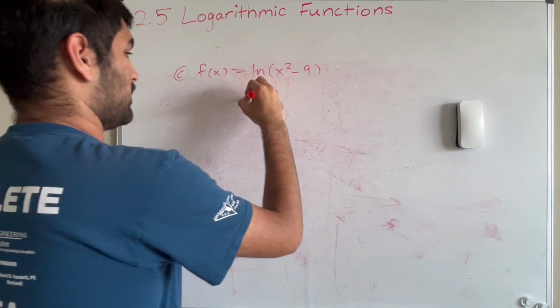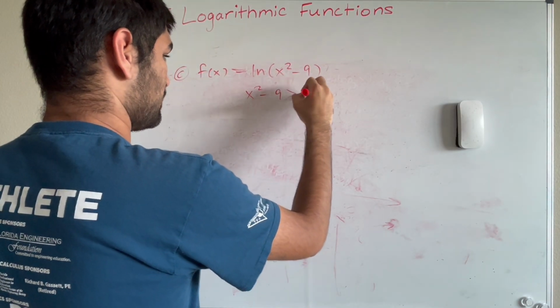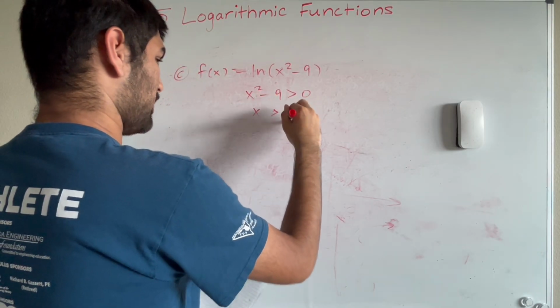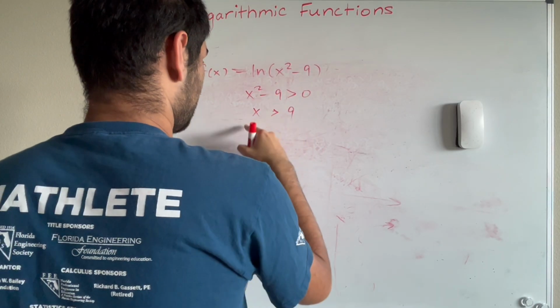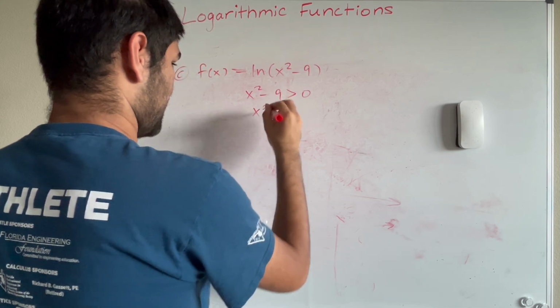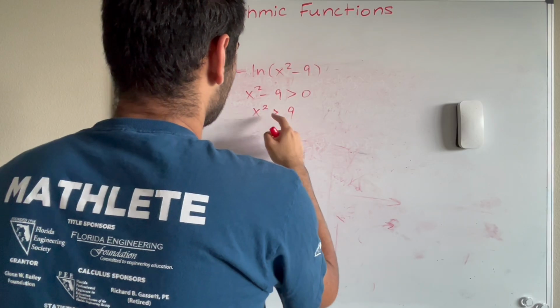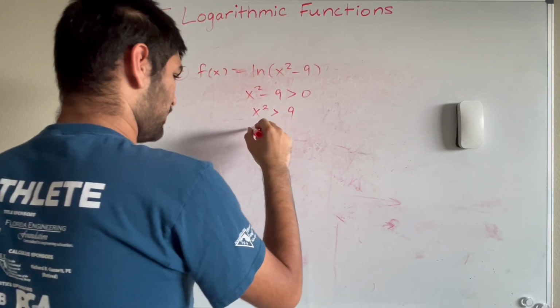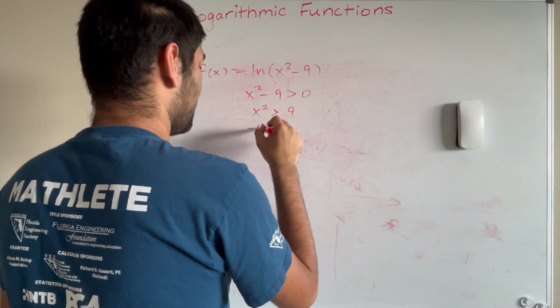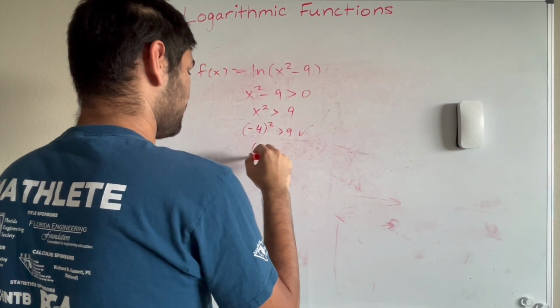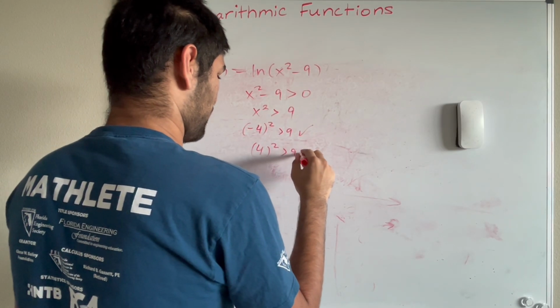So again, you're going to set x squared minus 9 to be greater than 0. Actually, x squared is greater than 9. From here, if you put negative 4 in for x, you square that, and that's greater than 9. But positive 4 squared is also greater than 9, right?